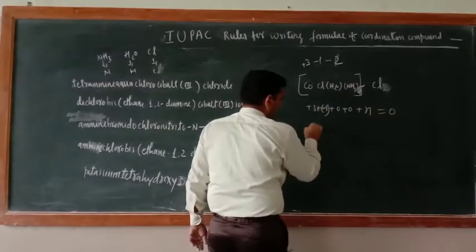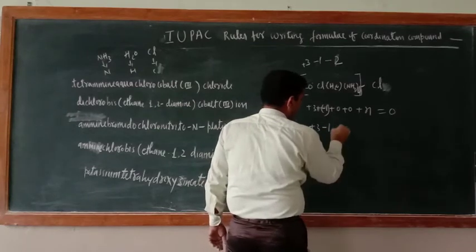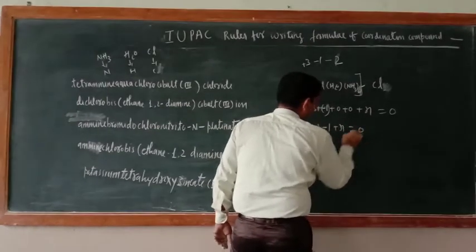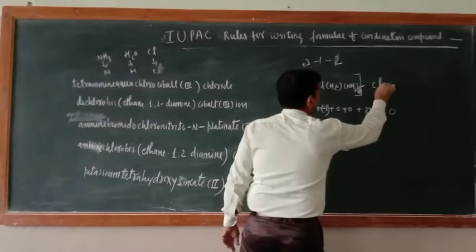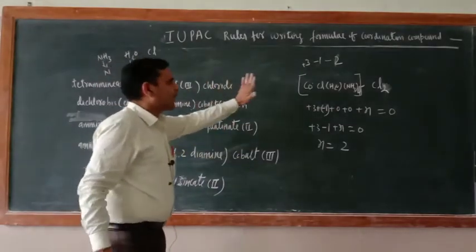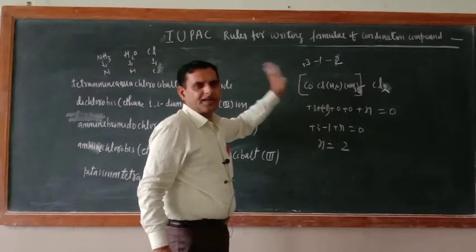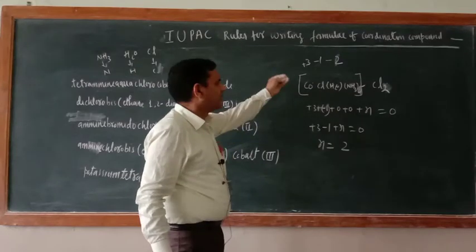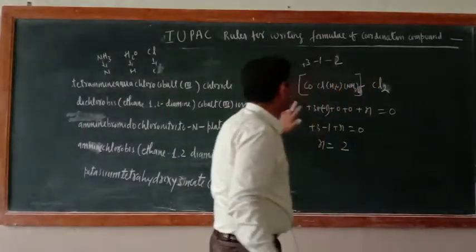So +3 -1 +3 -1 plus x equal to 0. So x equal to 2. So you can write 2 both ways. This is up to you, but the total number of positive and negative charge should be equal in any coordination compound. Now this is over. Any problem now? No problem.